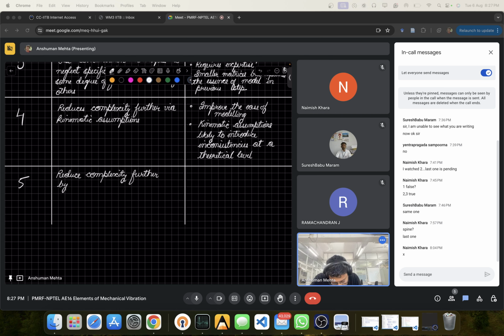By retaining only principal motion and eliminating everything else.